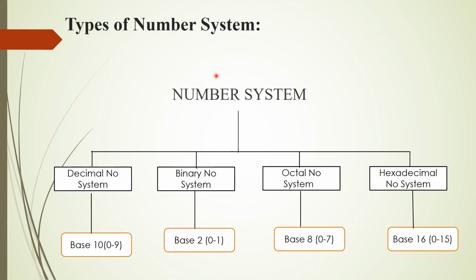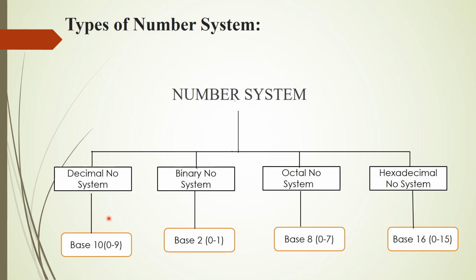This is just an overview of the number system. A number system is the representation of numbers, or we say it is a set of different digits or symbols. Different types of number systems are available in digital electronic systems. First is the decimal number system, second is the binary number system, third is the octal number system, and fourth is the hexadecimal number system.